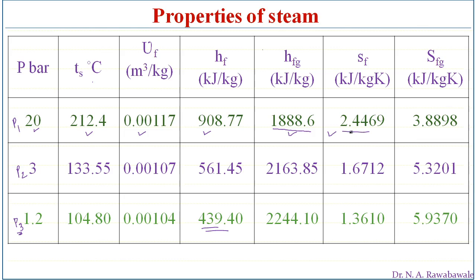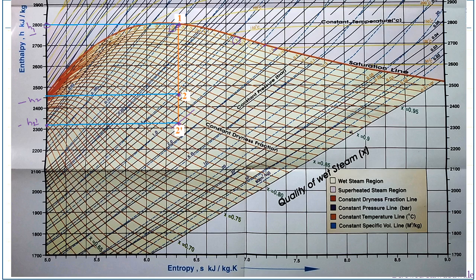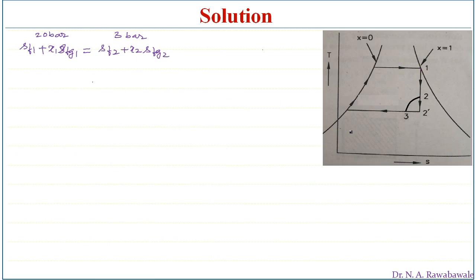Here, these values we will take directly from there. At pressure of 20 bar, SF value is 2.4469 plus dryness fraction X1 is equal to 1 into SFG1 at 20 bar, which is 3.8898, equal to SF2 at 3 bar pressure, 3 bar from steam table.